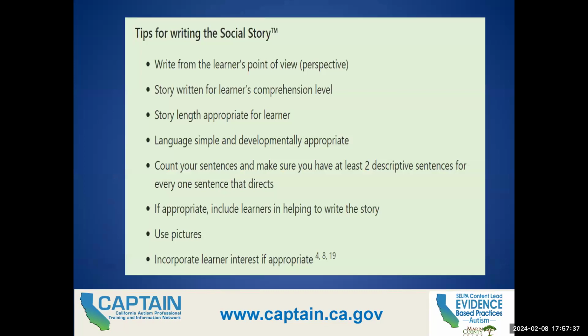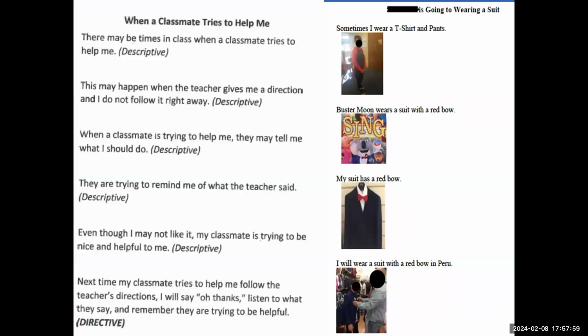Make sure it's at the learner's comprehension level, that the length of the story is appropriate for the learner. Simple language, developmentally appropriate. Count your sentences. Make sure that there's 2 descriptive for every one that directs. If you can include the learner in the story, use pictures and, like I said, incorporate the learner if you can. So here's a couple examples.